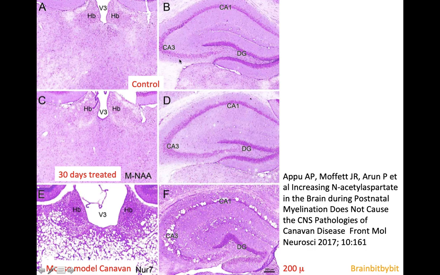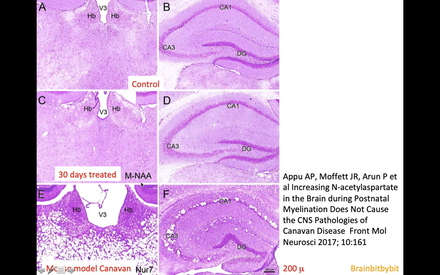The controls, of course, had normal histopathology in the region of the third ventricle and the habenula, and in the hippocampal region. The Canavan-like mice had extensive cystic myelin degeneration in both the habenular region and in the hippocampus.